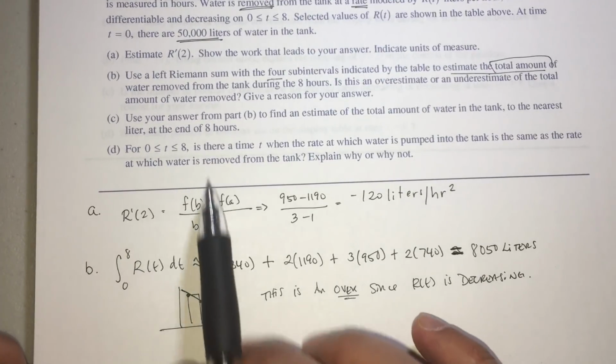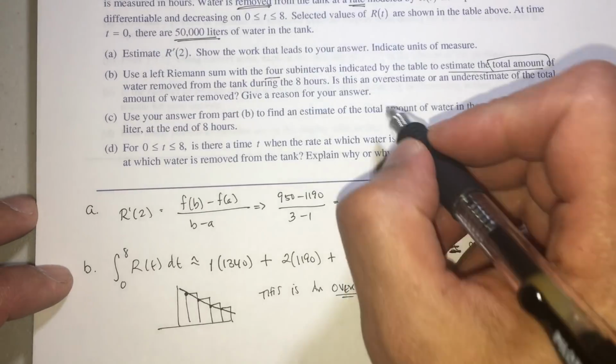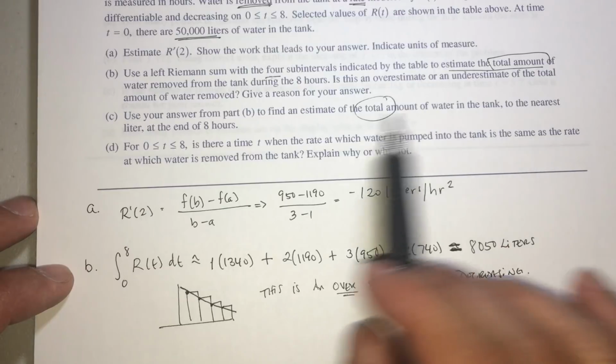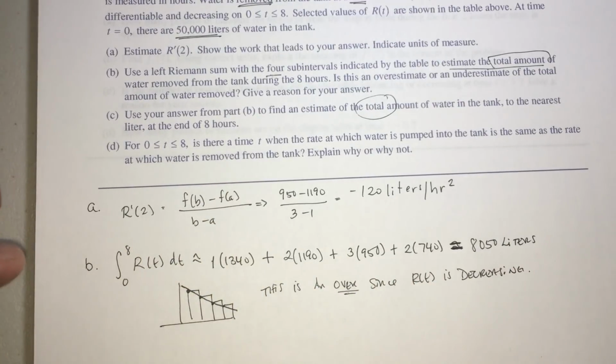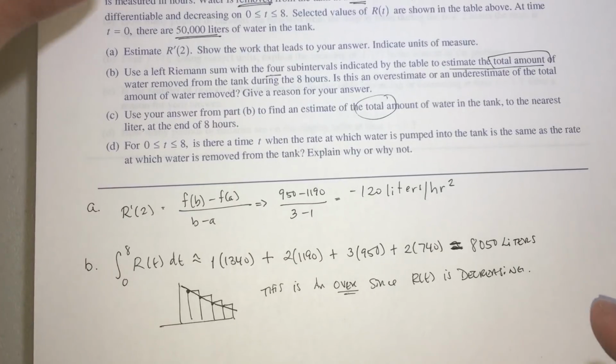It says use your answer from part B to find an estimate of the total amount of water in the tank to the nearest liter at the end of 8 hours. Now you got to think about what's going on here. Water's being pumped in.